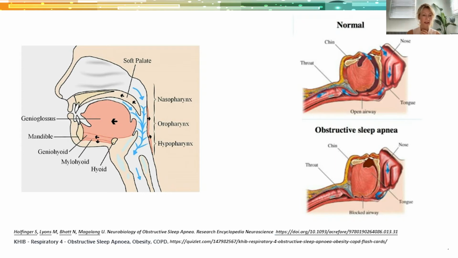So that area is where the collapse occurs with obstructive sleep apnea. And we can see that especially when we lie down, due to gravity, the tissues fall back and it's easier for this collapse to occur.